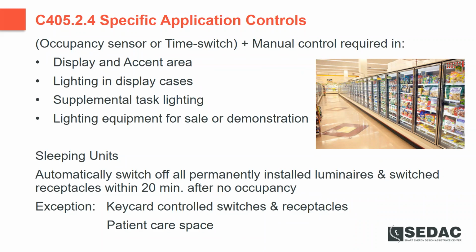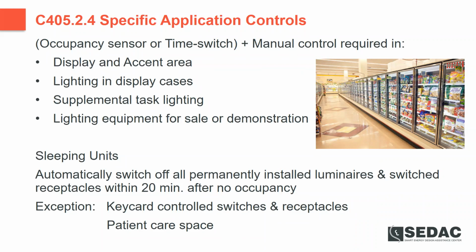So some of these, as you see in the picture, for display cases and things of that nature, here in a grocery store, you may have janitorial staff that are going to be cleaning the building beyond the normal business hours, and so you want to be able to control your general overhead lighting independent from the display cases.